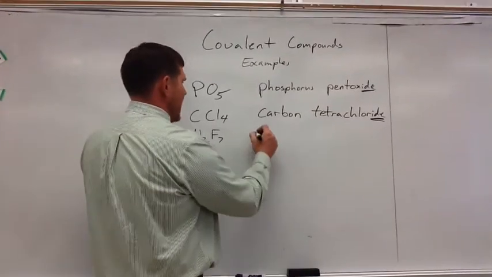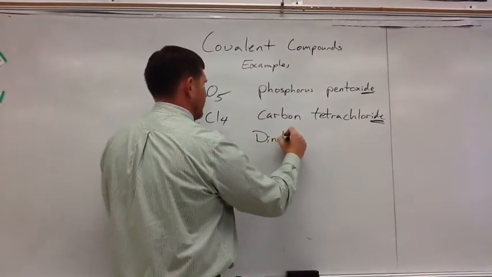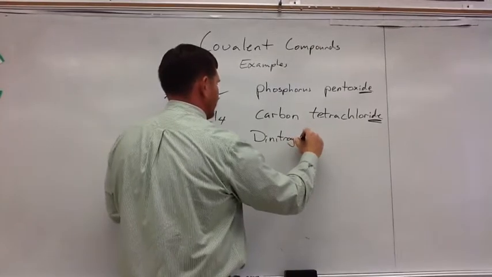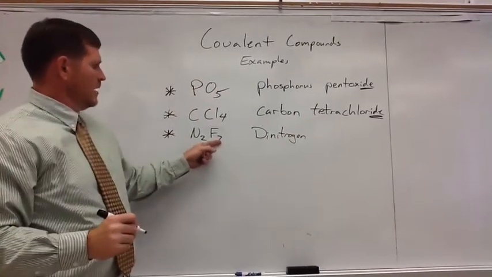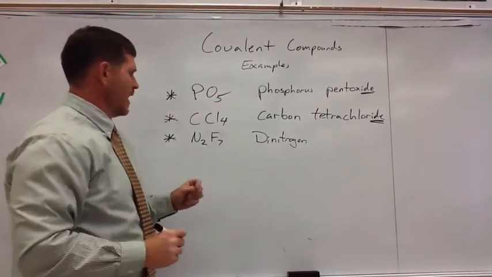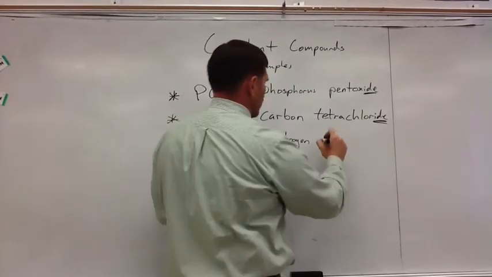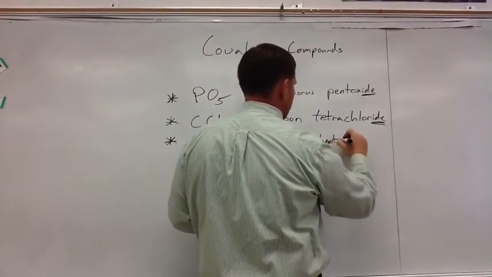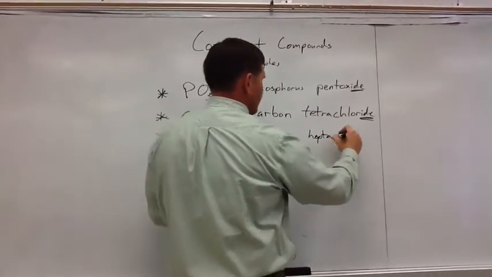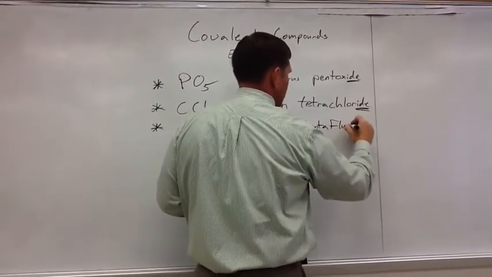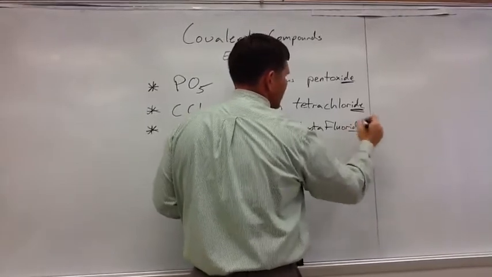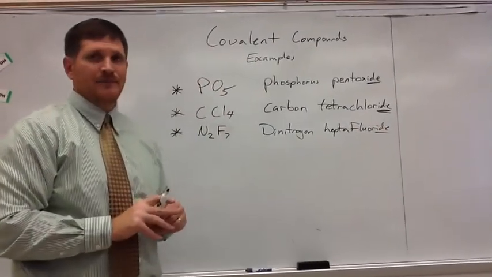So this one is dinitrogen. And I have 7 fluorides. Okay, my 7 is my hepta, one I didn't use before. Heptafluoride. And once again, I've changed the ending to IDE.